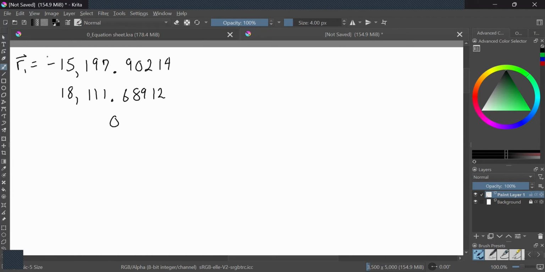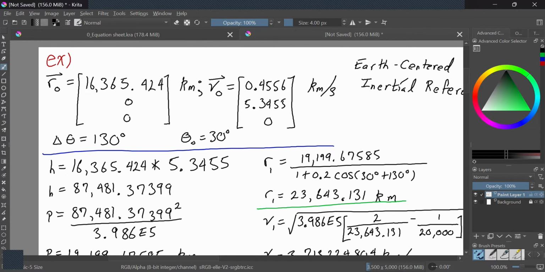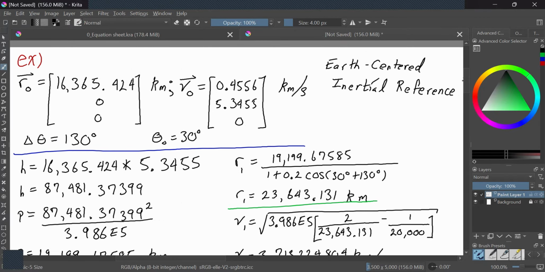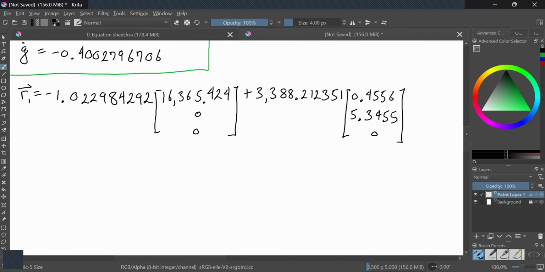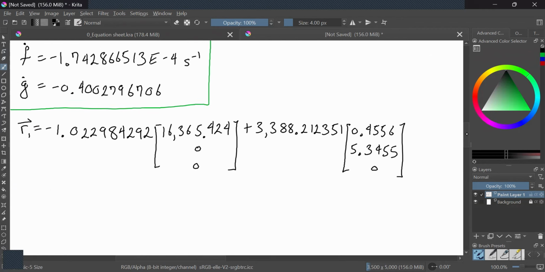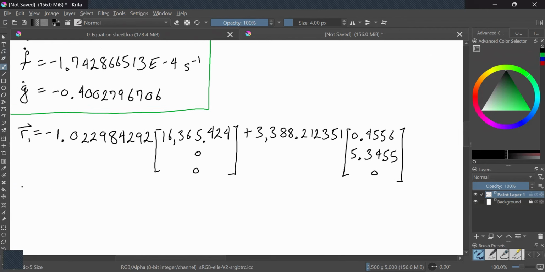And our Z value is 0 because I wanted to make this easy on me. So not going to be dealing with the z values. All right. Now I will come back over to here, scroll the way back down. So we found our position. We now need our velocity.